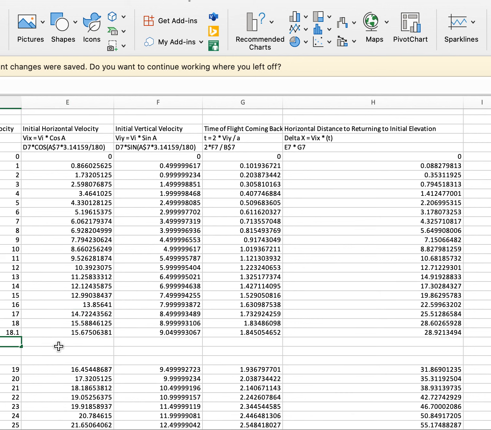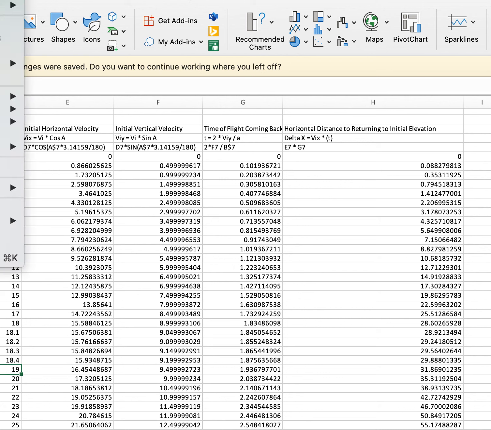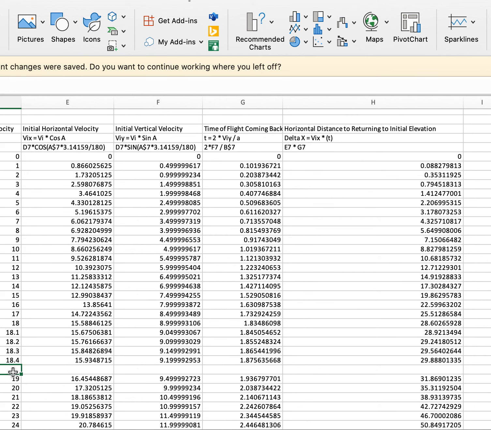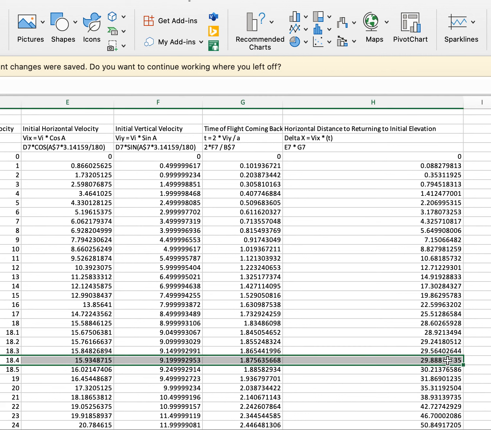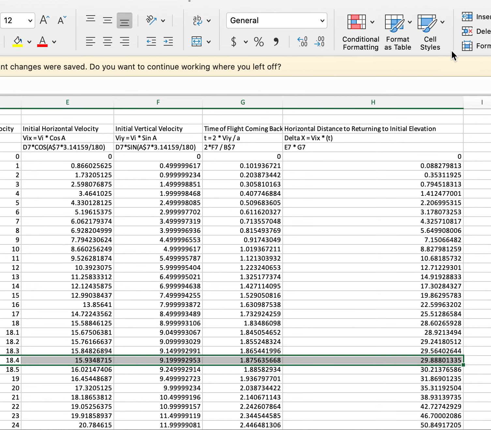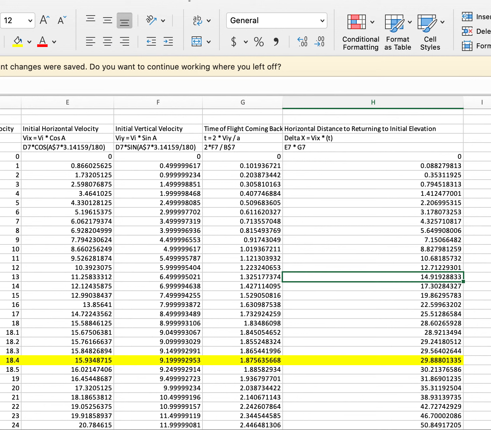So 18.2, 18.3, 18.4. We're getting closer. 18.5. Okay, right there. So it's between 18.4 and 18.5. That's our ideal. Okay? That's doing it with the spreadsheet.